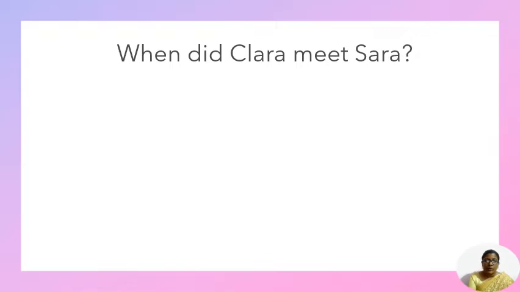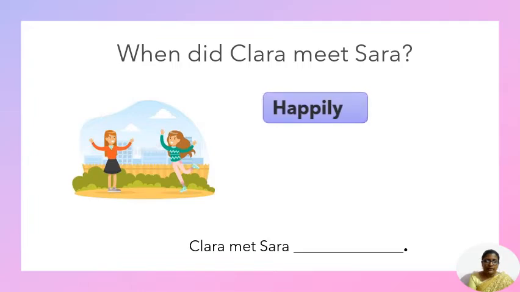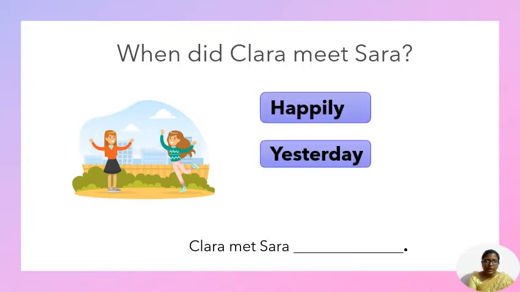Did you understand? So now I am going to ask a question. When did Clara meet Sarah? So the answer will be happily or yesterday or tomorrow. So when did Clara meet? Will happily come? No. It doesn't explain when an action takes place, right? So no happily.